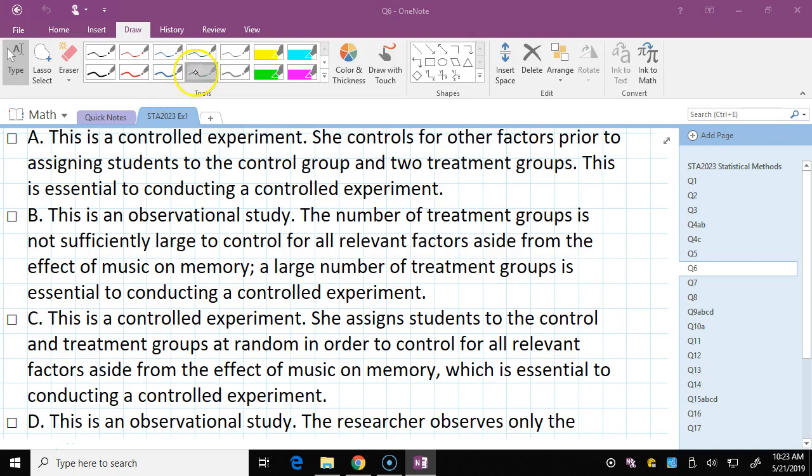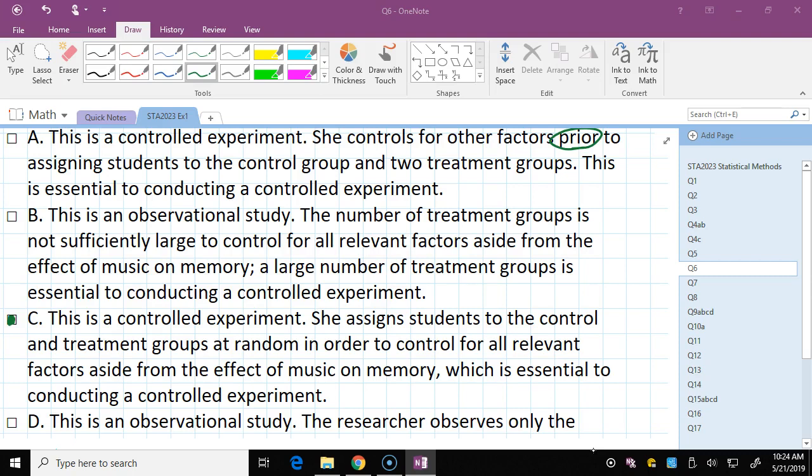And here's some of the big things. Because it's random. That's huge. Also, if you look at part A, it says she controls for other factors prior to assigning. What is there to control prior to that? That doesn't make any sense, because all the factors are controlled during the experiment, not prior to it.